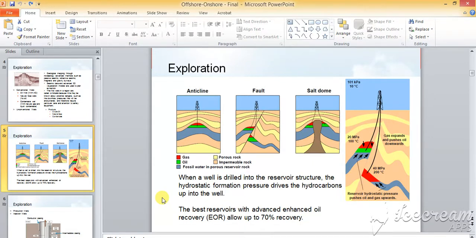The third option for enhanced oil recovery is the submersible pumps. We put a pump that is submerged inside the reservoir, and it generates pressure. It gives an artificial lift for the liquid, or whatever multi-phase is available there, to get it out of the reservoir.